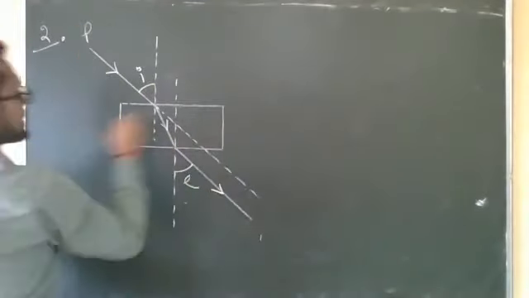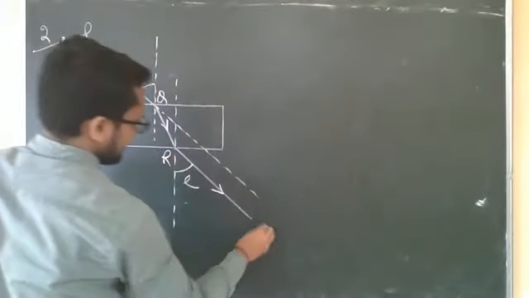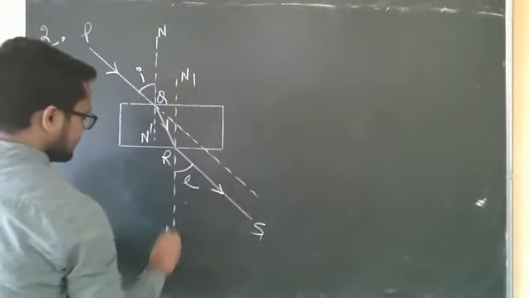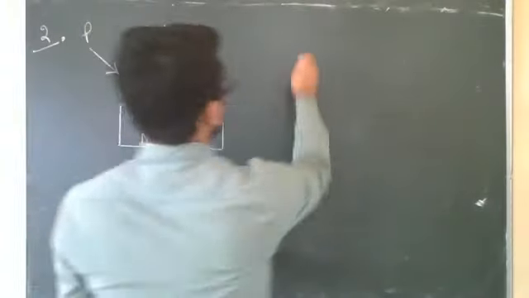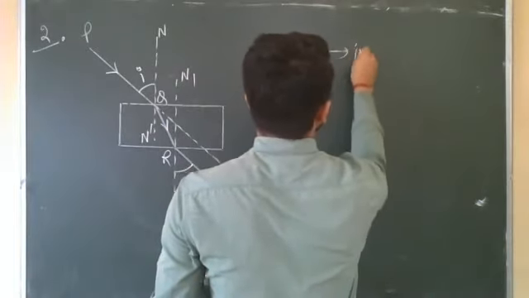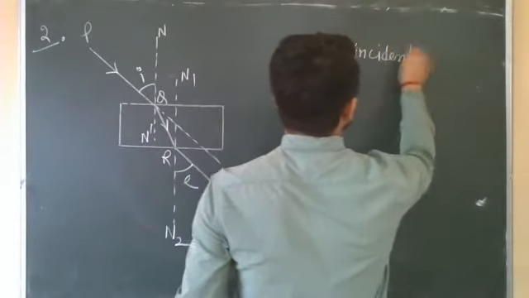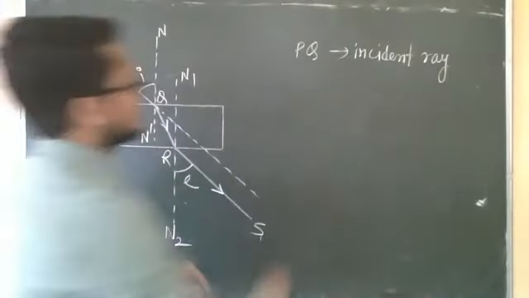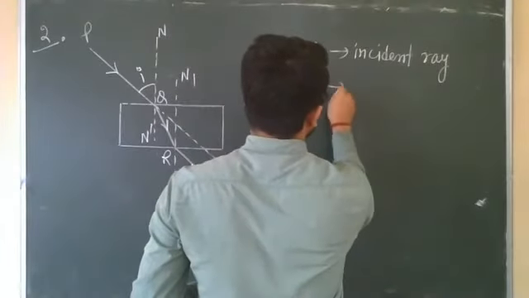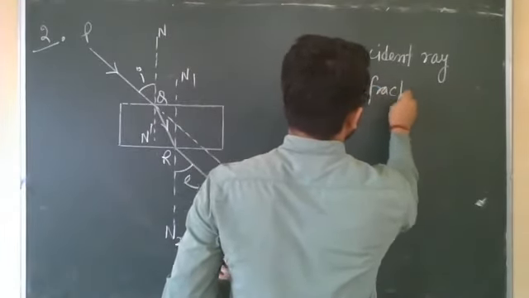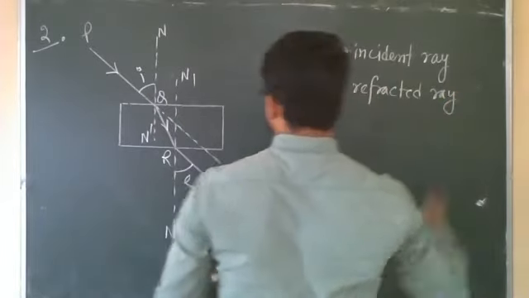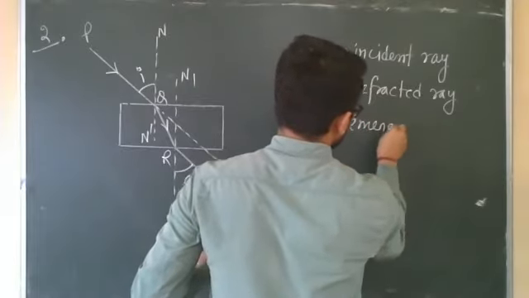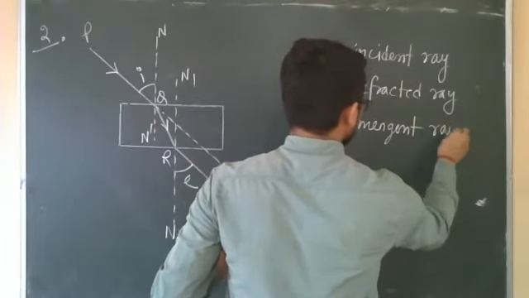Give names P, Q, R. Normal names N prime, N1, N. So for the first question, PQ is the incident ray, QR is the refracted ray, and RS is the emergent ray.